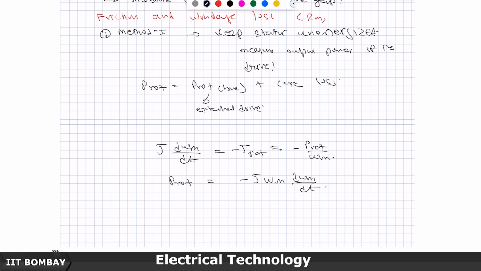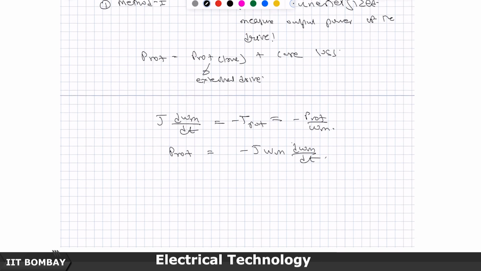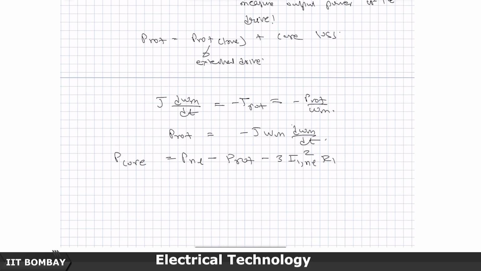Once you have estimated this, essentially the loss which is associated with the core is P NL minus the P rotation, which we have now separated out properly, minus 3 times the no load current squared times the resistance, which also we have separated out. All of these are watts, 3 phase value. Please note that this 3 multiplier factor is coming because of that.